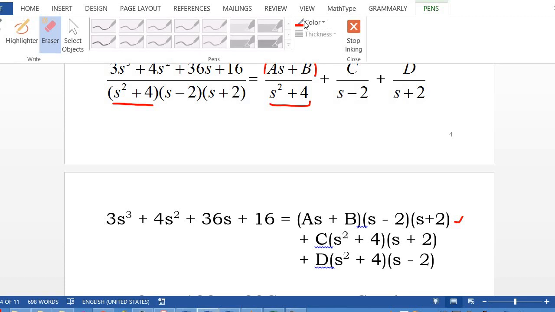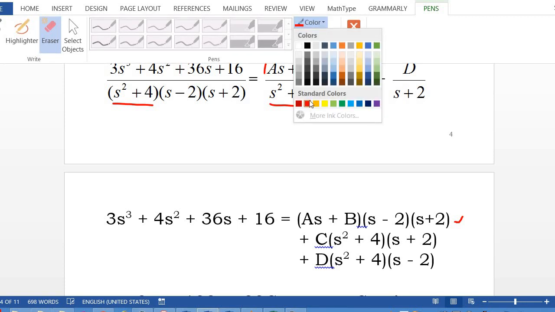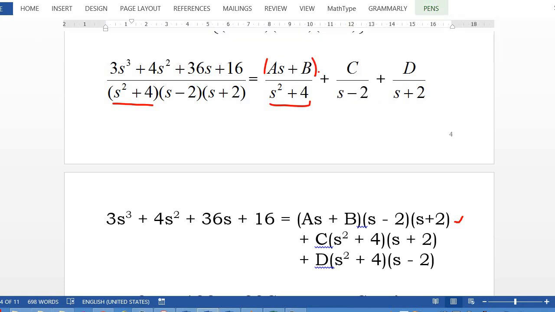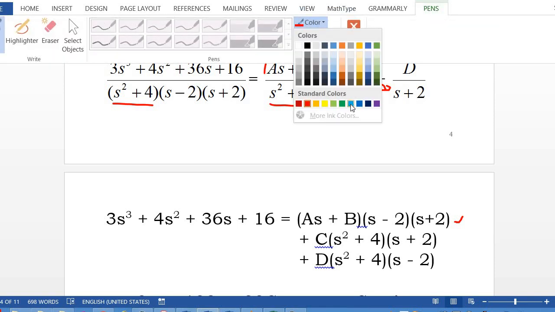Then let's see, the A term: As plus B times s minus 2, s plus 2. I put it in a different color so you can see it clearly.